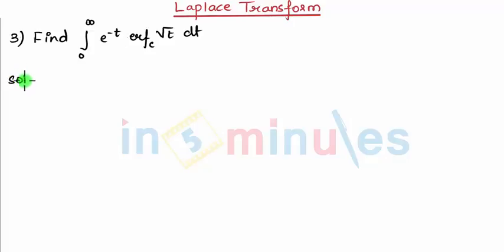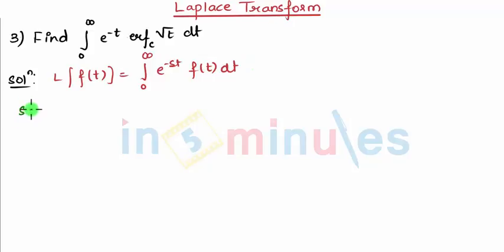Now this sum is of evaluation, so we can compare with Laplace of f of t, that is 0 to infinity e raised to minus st f of t dt. So while comparing, I get s equal to 1 and your f of t is equal to ERF c root t.